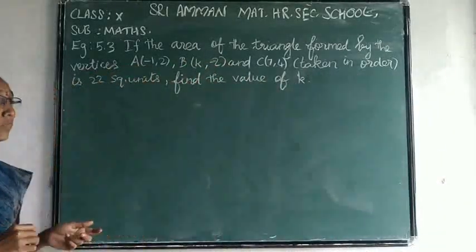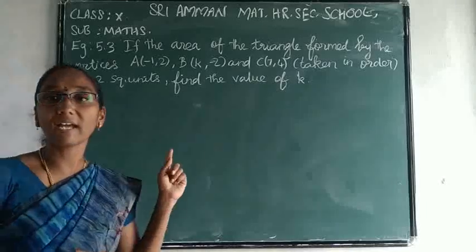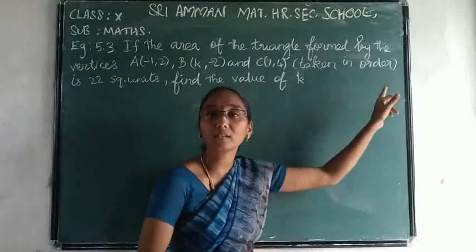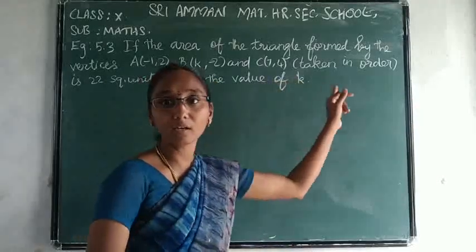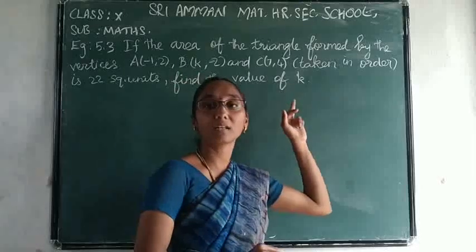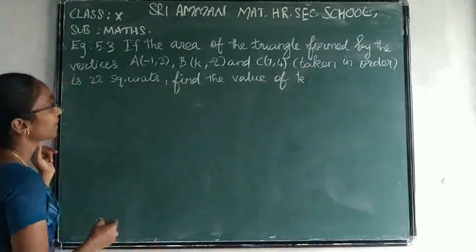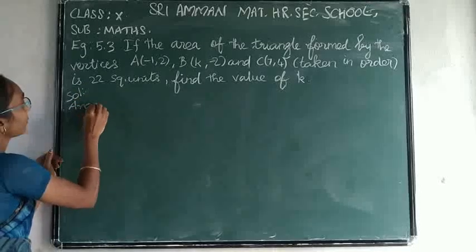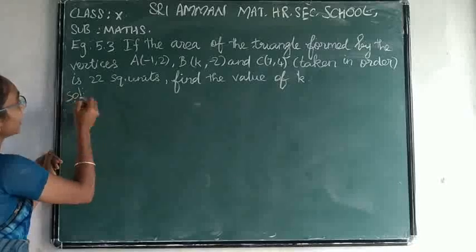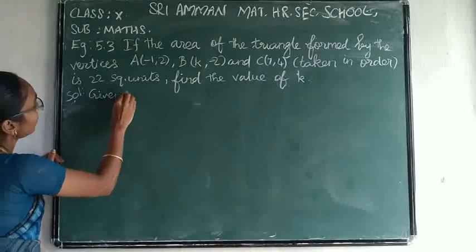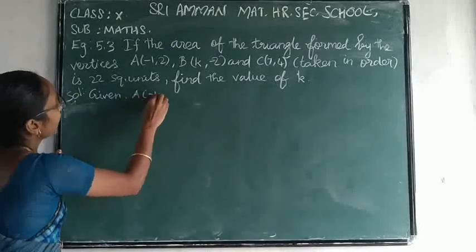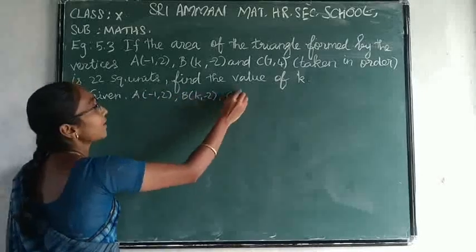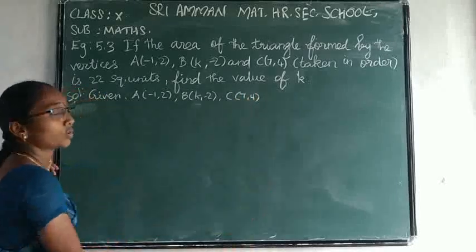Okay, do you understand? There is no need for a diagram for this question because the points are given taken in order. Names are taken in order A, B, C. In this way, you take it. So there is no diagram to draw. Okay. So, solution. Given points: A of minus 1 comma 2, B of k comma minus 2 and C of 7 comma 4.